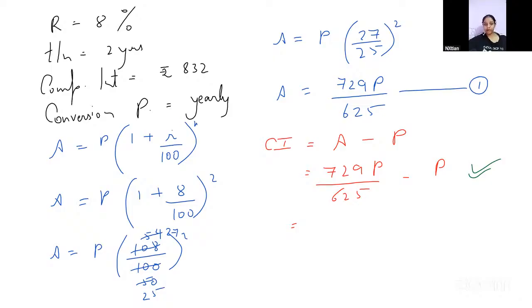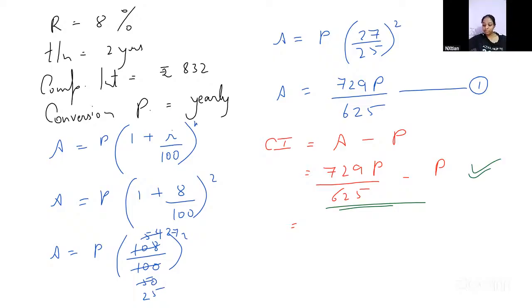Instead of taking 8 upon 100, you can take it as 0.08, because here it will get complicated.